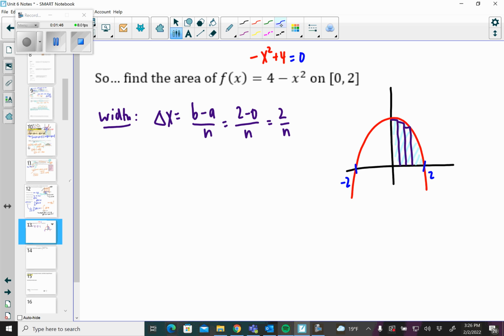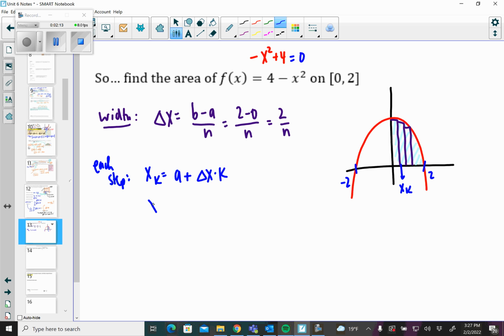Then I need to figure out what each value along this interval is, x sub k. This would be each step on the interval. Each step, x sub k. Well, it's equal to our starting point plus our change in x times however many things we have gone. So the first or the second or the third. Well, we're starting at 0.